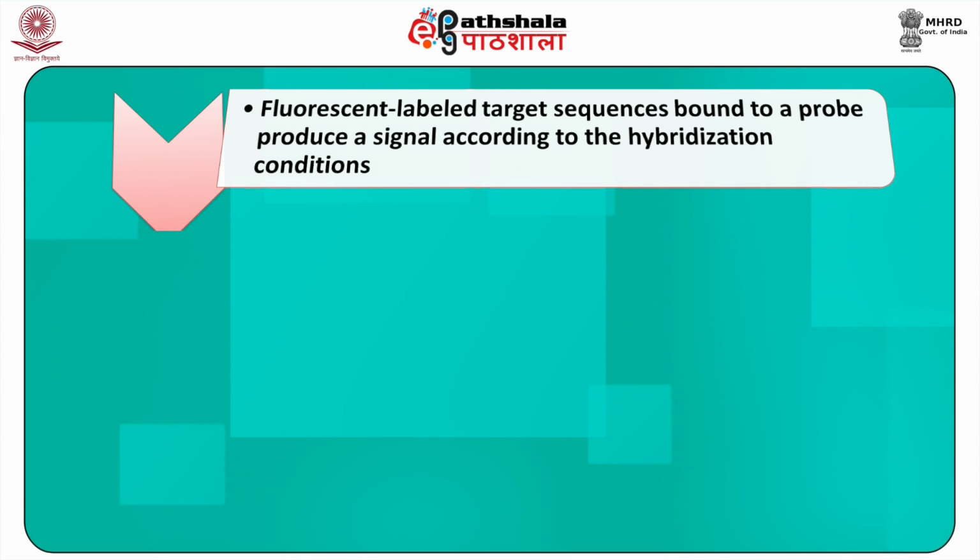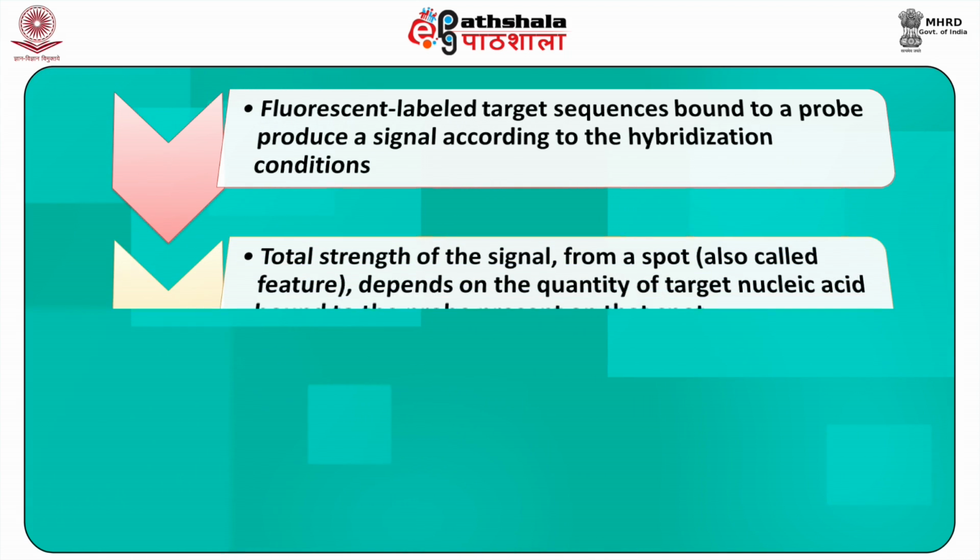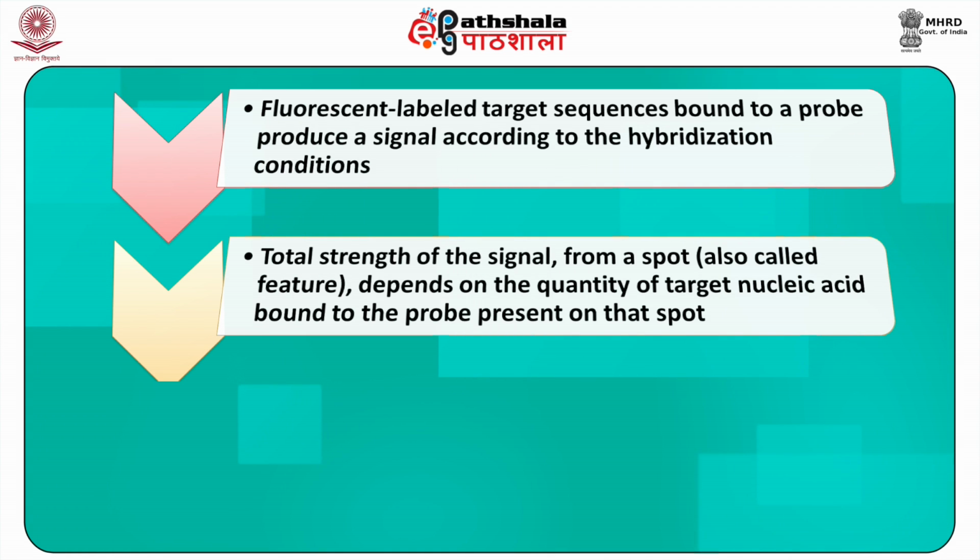Fluorescent labeled target sequences bound to a probe produce a signal according to the hybridization conditions. Total strength of the signal from a spot depends on the quantity of target nucleic acid bound to the probe present on that spot.